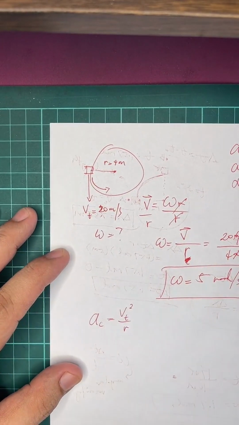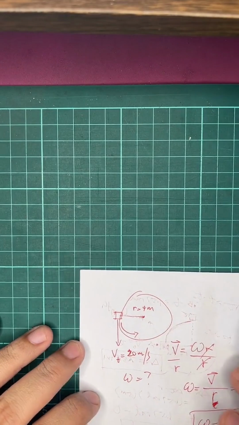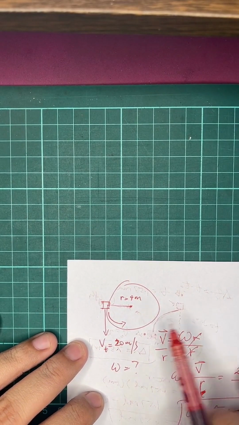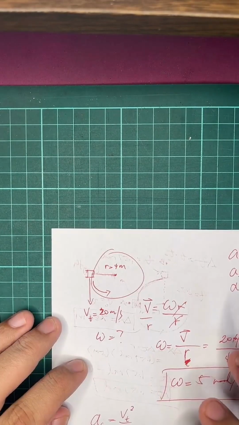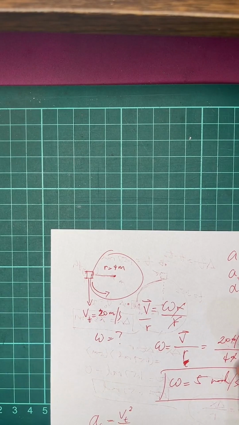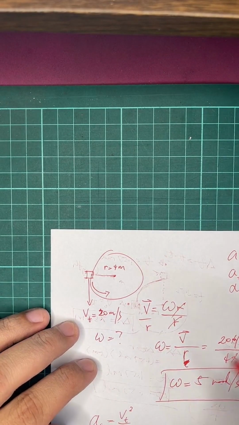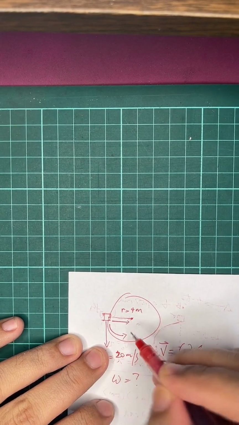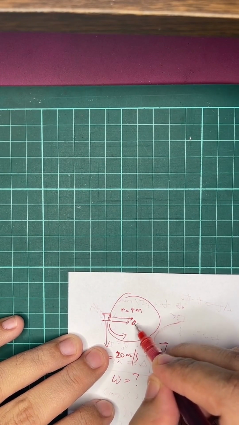So let's say we have, let's use this example again. The tangential velocity of 20 meters per second, what would be the centripetal acceleration? So centripetal acceleration is where? It is here. That is the direction of centripetal acceleration, or a sub c.